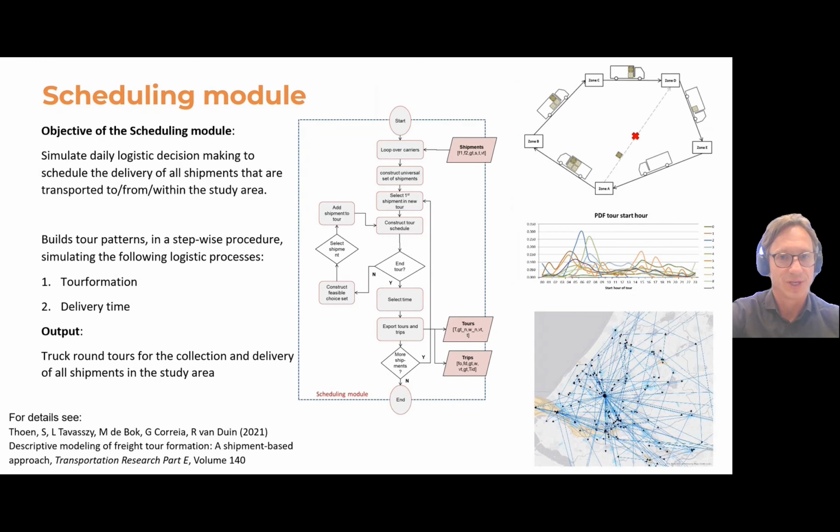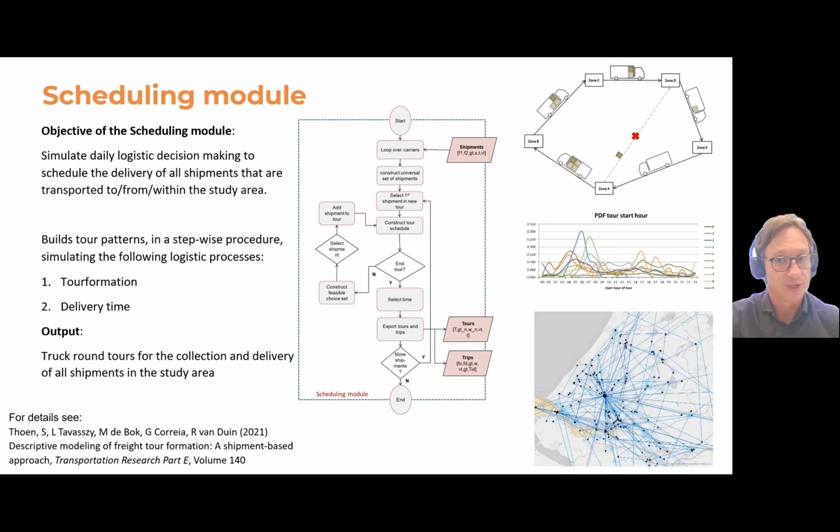The next step is then how the delivery or the pickup of all these shipments takes place within the study area. We developed an approach for scheduling for this, which uses, first of all, a discrete choice model for tour formation, and secondly, Monte Carlo simulation to determine the expected delivery time of all the shipments.